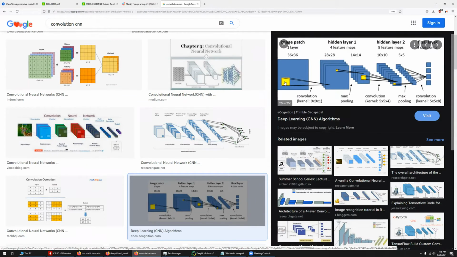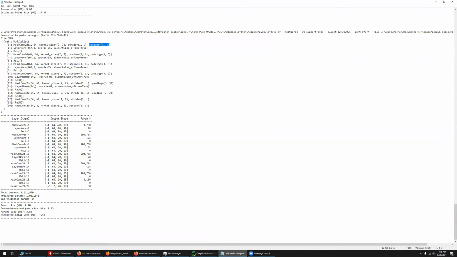Only this part is masked out, as we have shown, so that it cannot see the future of the image. Then it slowly slides across and creates the next layer. The next layer has another similar 7 by 7 mask, and it slowly slides and makes the next layer. Except in our case, it's all the same size. So in our case, it's always 64 by 20 by 20 until the last one, which is 2 by 20 by 20.